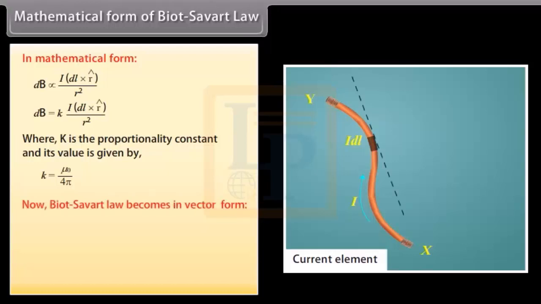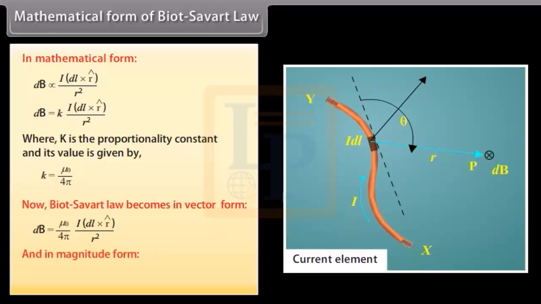Now the Biot-Savart law in vector form is given by dB is equal to mu naught upon 4 pi multiplied by I and cross product of dl and r cap divided by r square. And in magnitude form, dB is equal to mu naught upon 4 pi multiplied by I dl sin theta divided by r square.